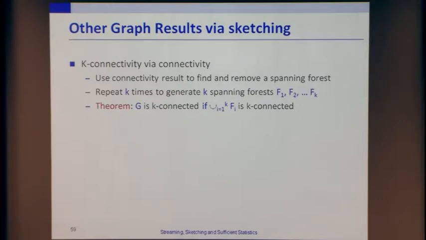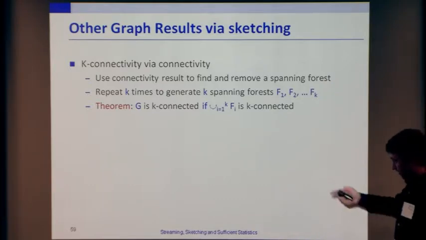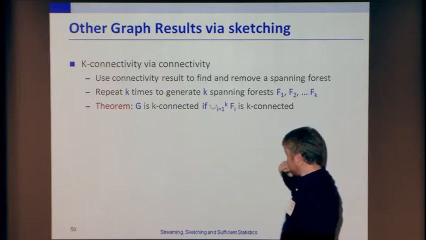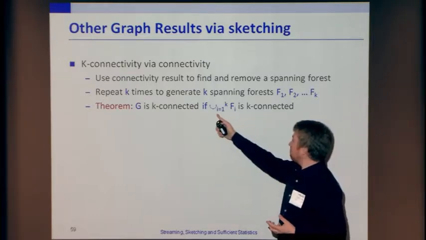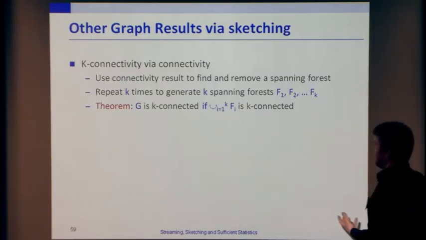And it turns out that that also gets us something quite powerful. Once we have connectivity, we can also get k-connectivity. Essentially, for a fixed k known in advance, our graph is k-connected if we can pull out k independent spanning forests and look at whether the union of spanning forests is k-connected.